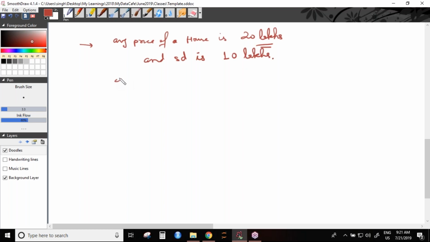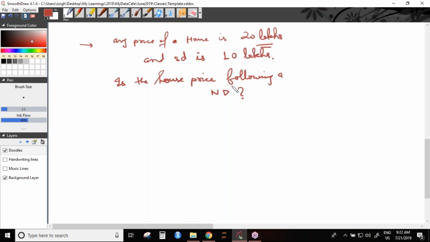Now I ask you, is the house price following a normal distribution? Tell me, guys. Until now I have been giving you the distribution and then asking you about the range.